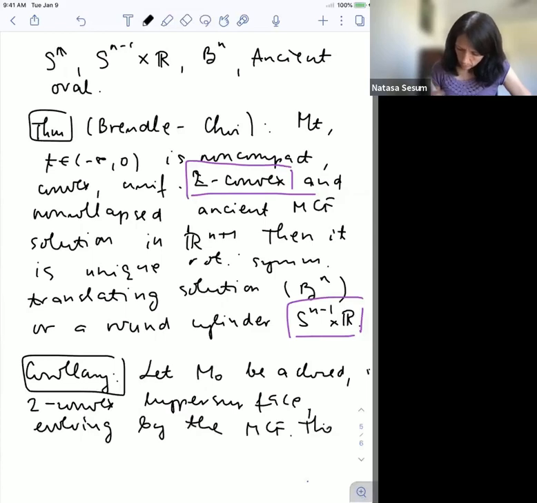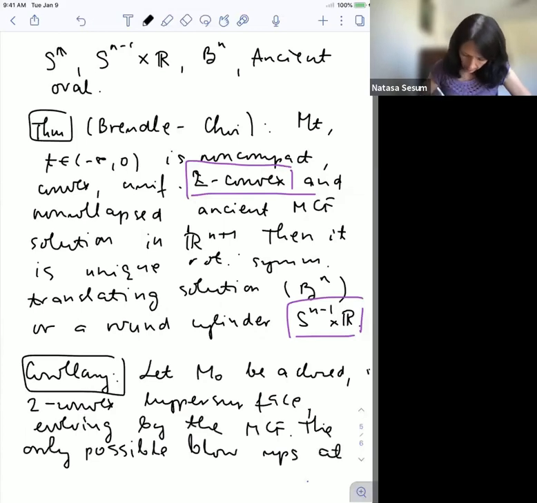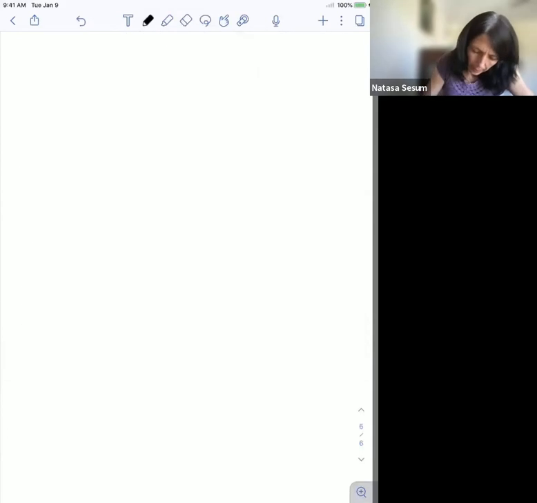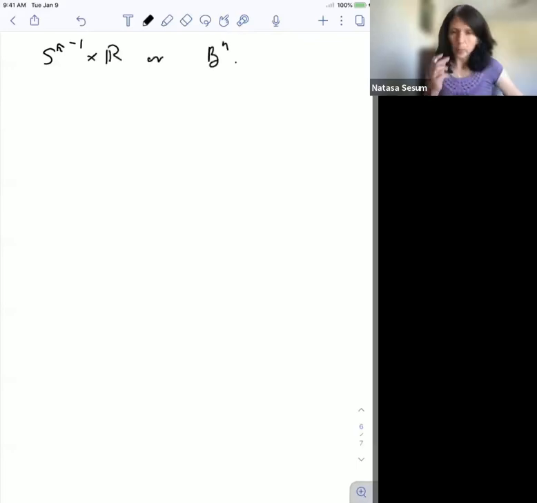The only possible blow-ups at the first singular time are the sphere, the cylinder S^{n-1} cross R, or the n-dimensional ball soliton, right?